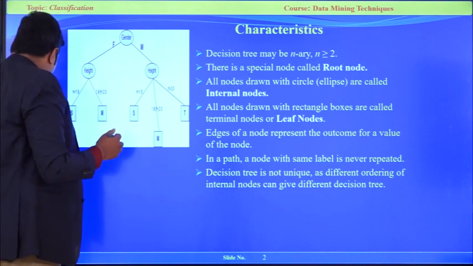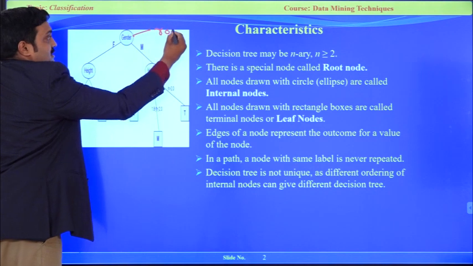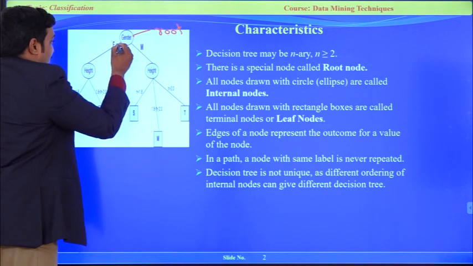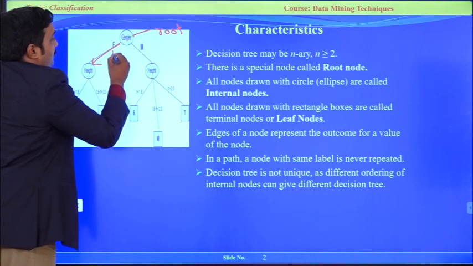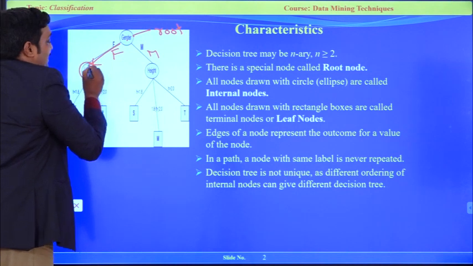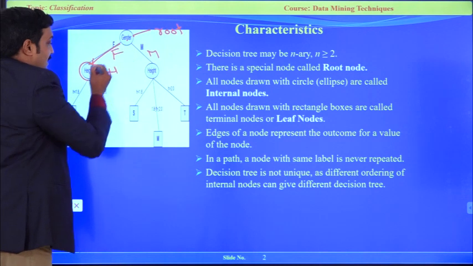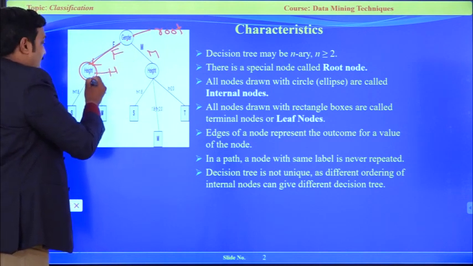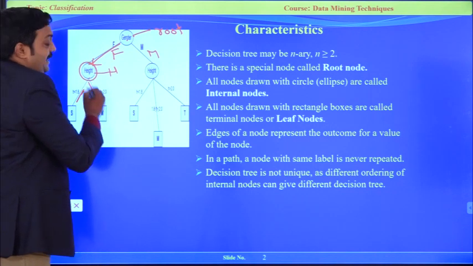As per our discussion, this is a root node with the edges for gender. The property gender is female or male. If it is female, then I go for another attribute called height. For female, we go to the left, and again height less than 1.8 or greater than 1.8.